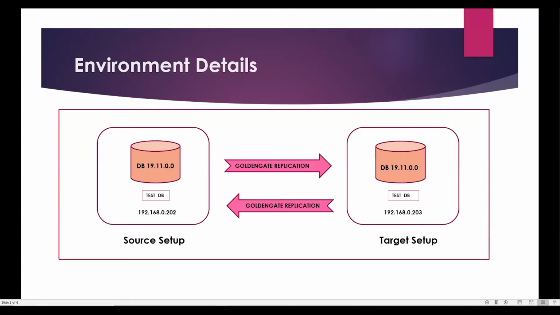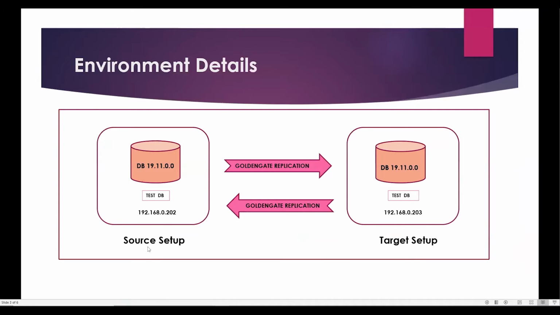So this is our environment. Previously we have installed the Oracle GoldenGate software, and we have also created a database login authentication. Those prerequisites are already covered in our previous videos, so please go through that. We are going to make a replication like this from this database to the second target setup.